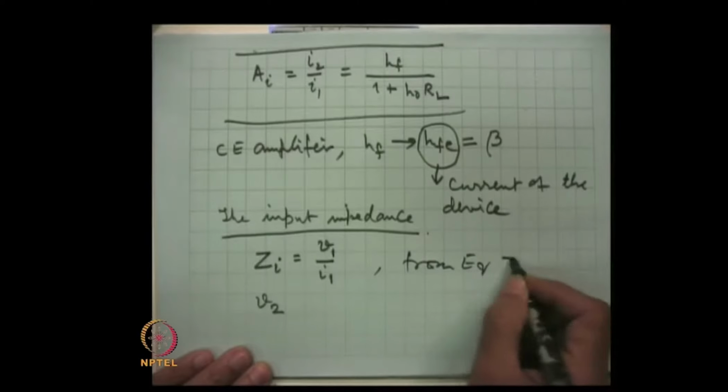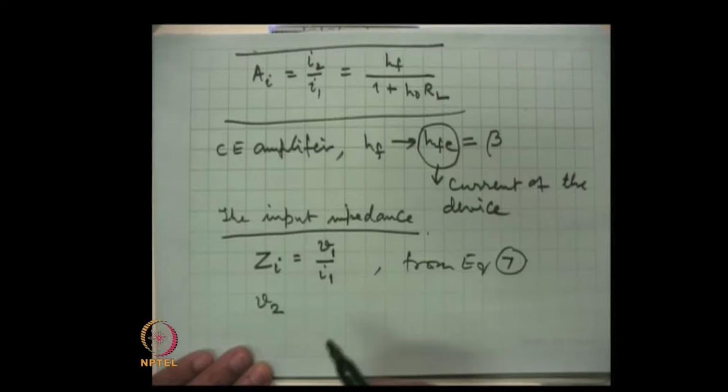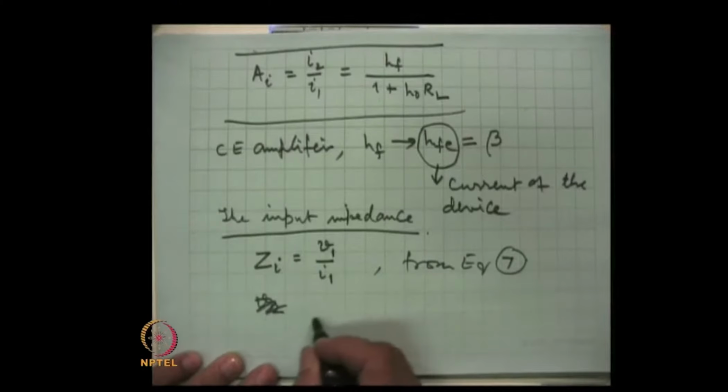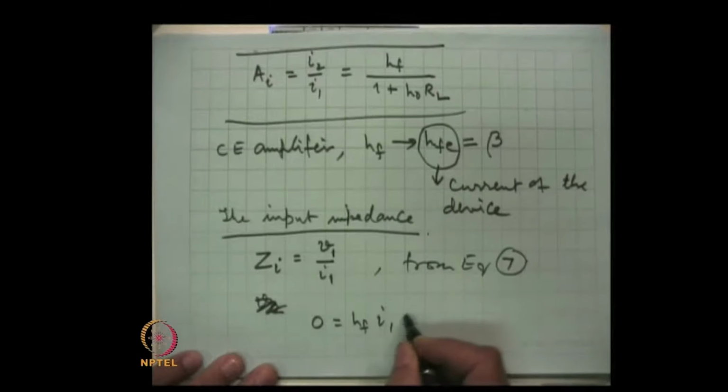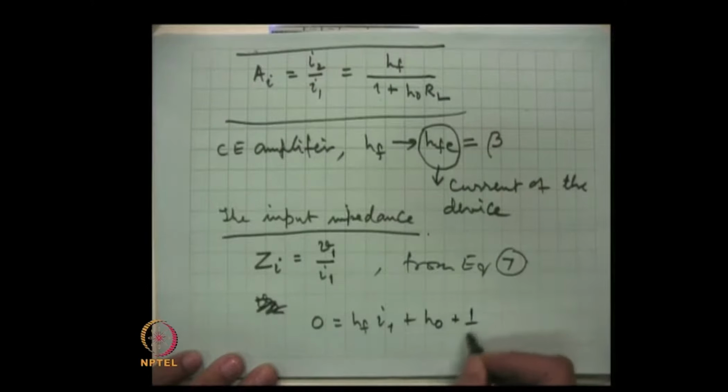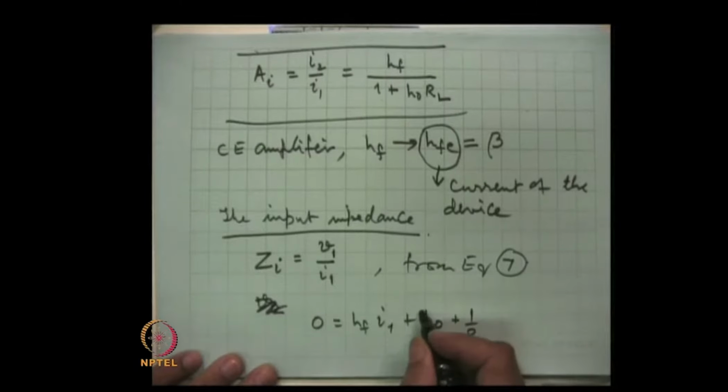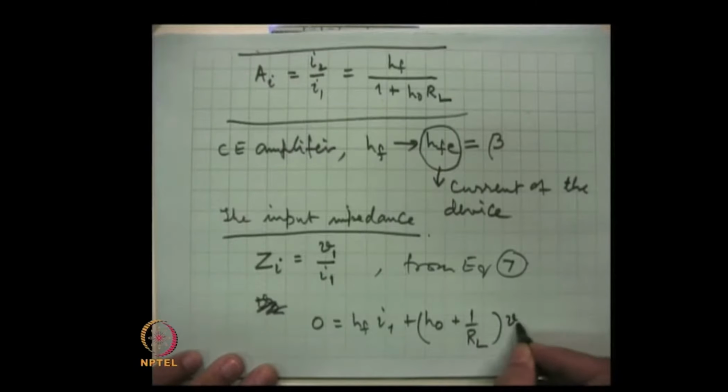From equation 7 we obtain, this is equation 7, I repeat, 0 equals Hf I1 plus (Ho plus 1 by RL) V2.